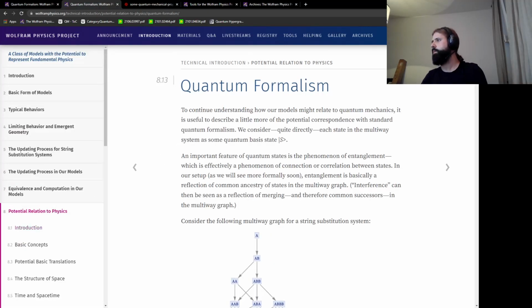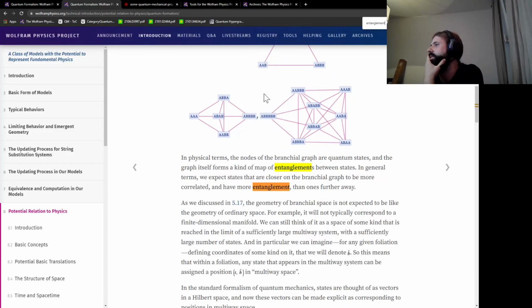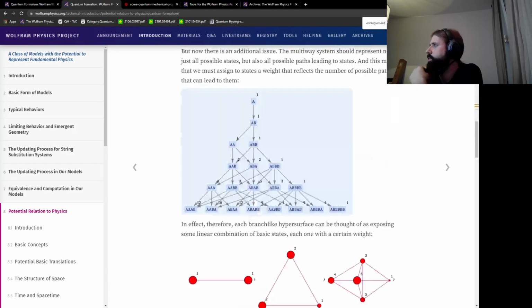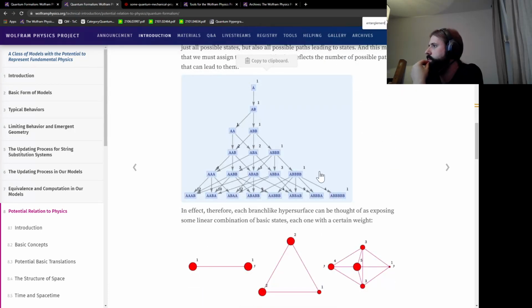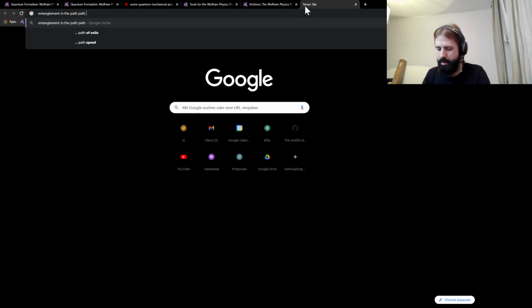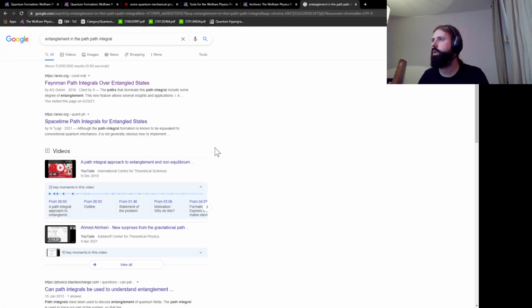Quantum formalism. Maybe I should look at entanglement and the path integral, right? Over entangled states.